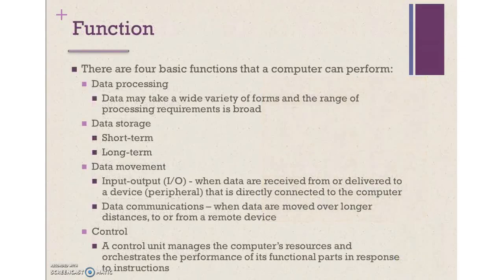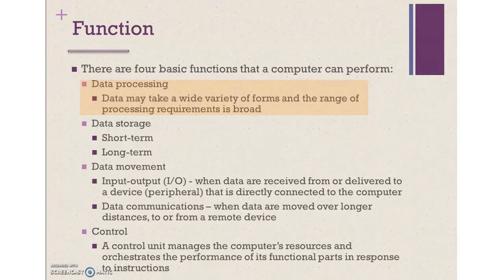In general terms, there are only four operations: data processing, data storage, data movement, and finally control. Data processing: the data may take quite a variety of forms, and the range of processing requirements is broad.